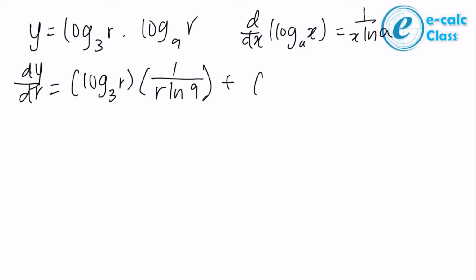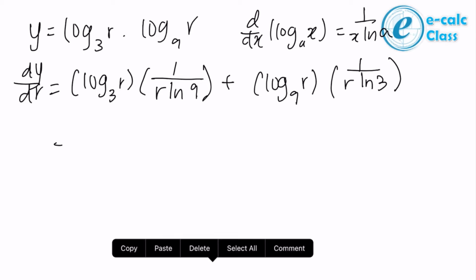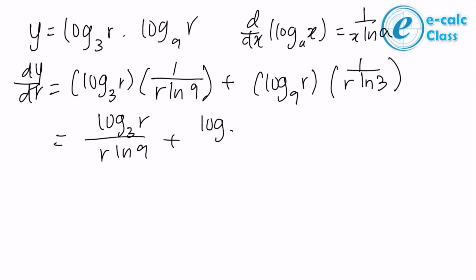Product rule. Copy second function, differentiate first function, x ln a. Then, see, I told you it is very complicated when you want to simplify. You need to change your base anyway. Over r ln 3. See, you have all different bases.